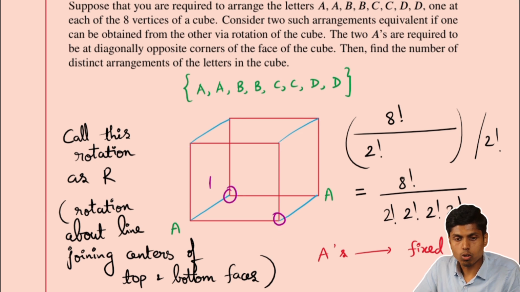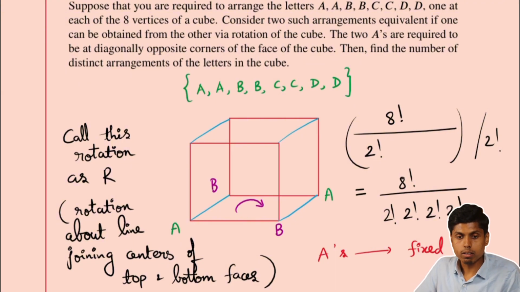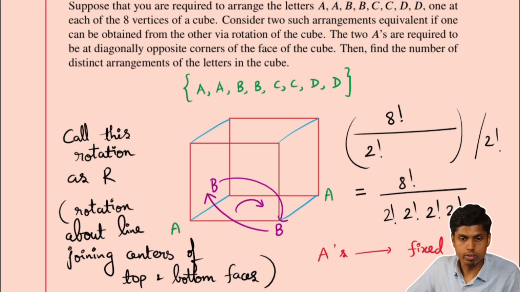When you fix B's over that position, upon this rotation R, you will get also the positions of B fixed. This means you are completely getting the same permutation of the letters. So that means if A and B are rotated, you will get B to this and B to this, which does not change the configuration of the letters.